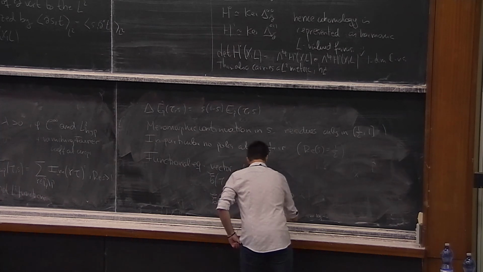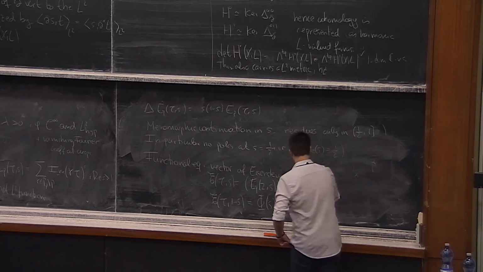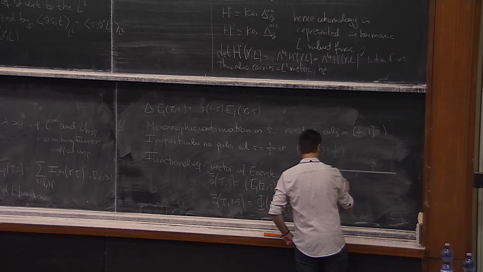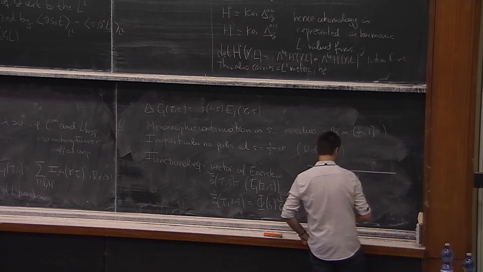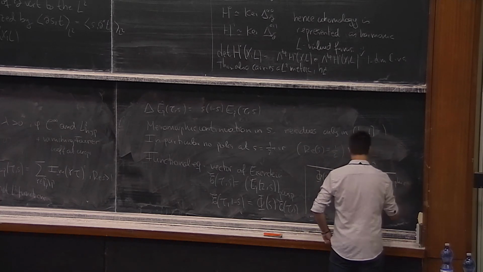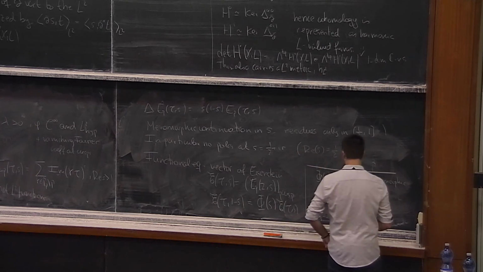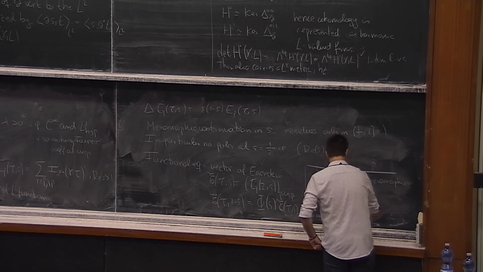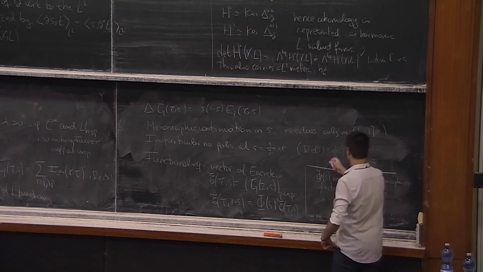And the relation between both vectors is given by a matrix Phi(s) of meromorphic functions, whose poles again are contained here.